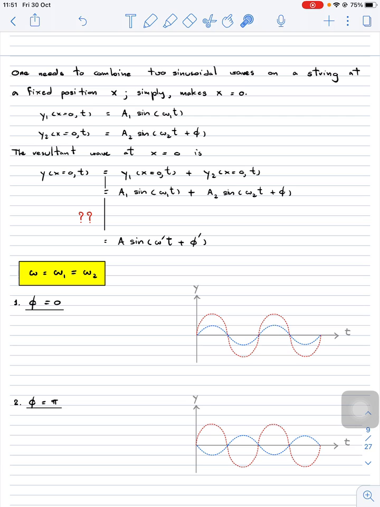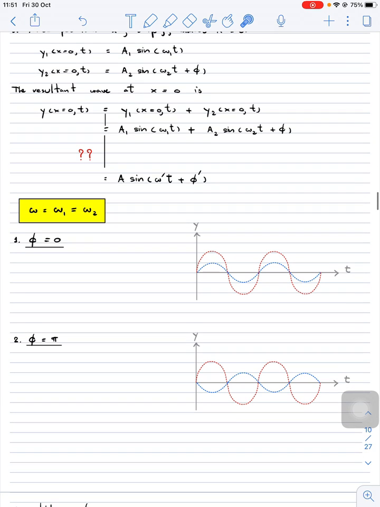Then my question is, is it possible to write this summation in this form, the new form of the wave? For example, A here is the amplitude of the new wave, omega prime is the new angular frequency of the new wave, and phi prime is the initial phase of the new wave.